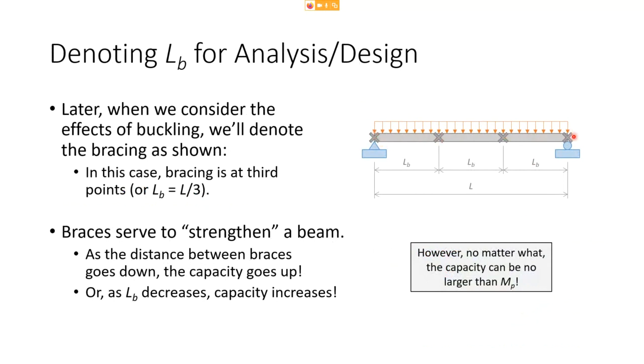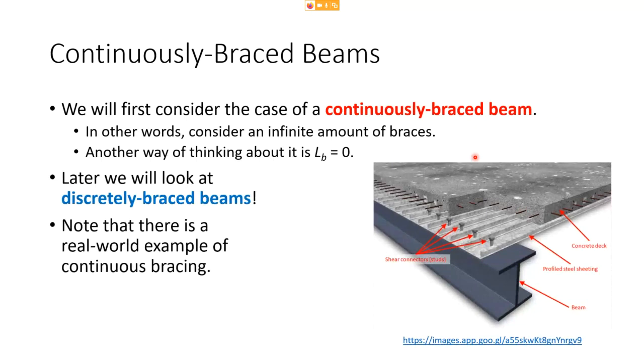Well, imagine that there's an infinite number of braces preventing that beam from moving left to right. Another way of looking at it is that with an infinite number of braces, the LB value is 0. We're going to handle LB equals 0 first, and then later on we'll look at what if LB isn't 0? What if there is a distance between braces?